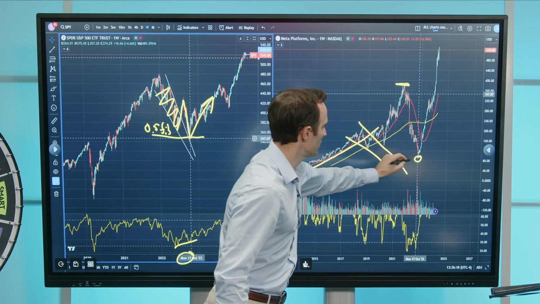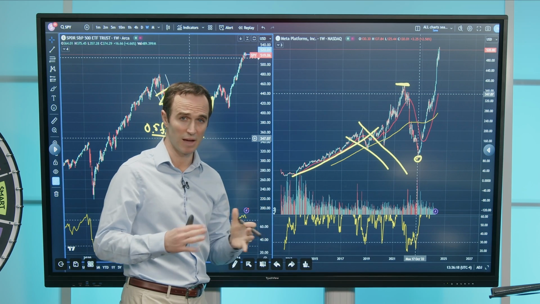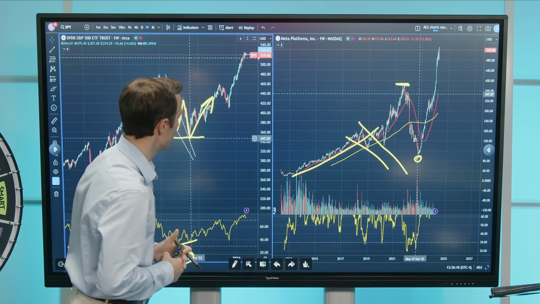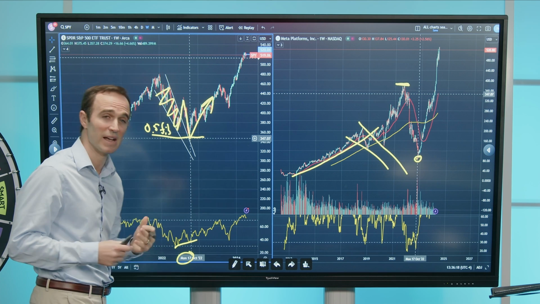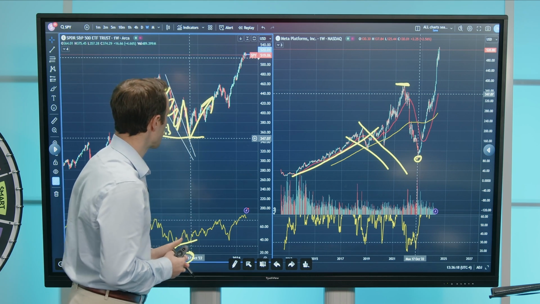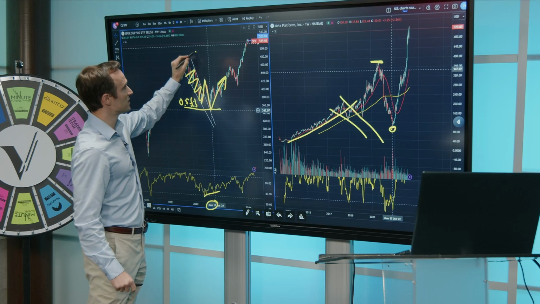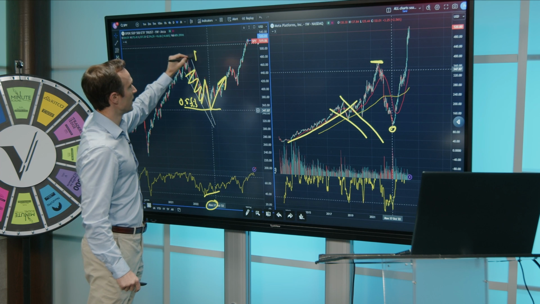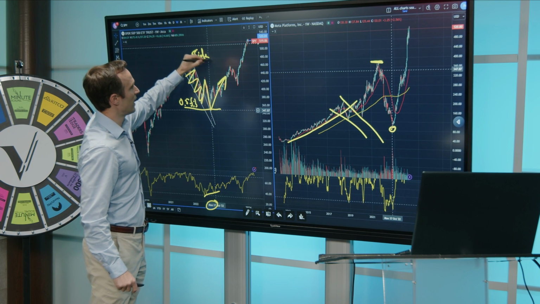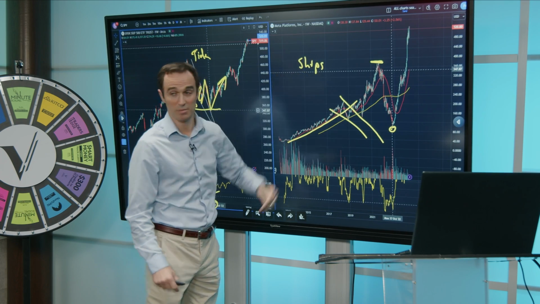So the reason that Meta bounced right here on October 17th, or around that time, maybe within a couple days plus or minus, is because the S&P bounced at that time, okay? So again, a rising tide lifts all ships. This is the tide, okay? The S&P is the tide, and the equities are your ships.